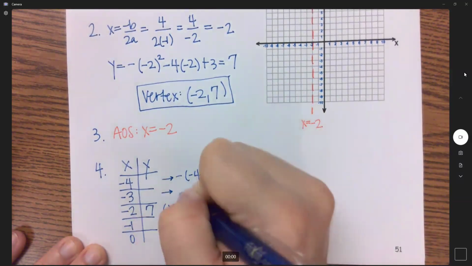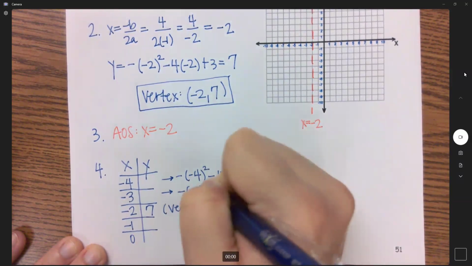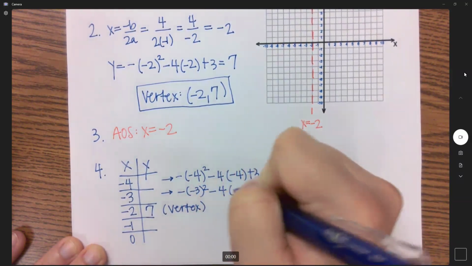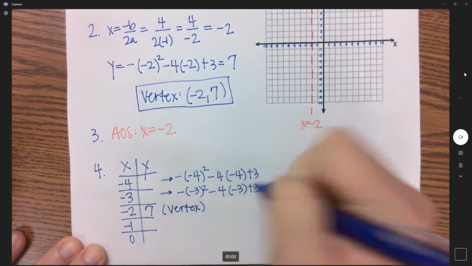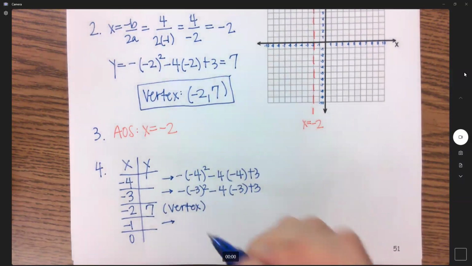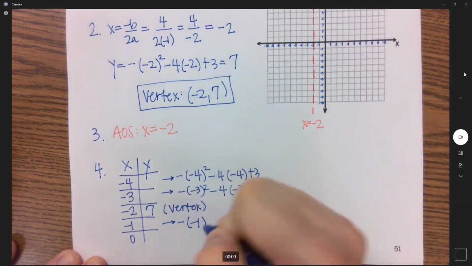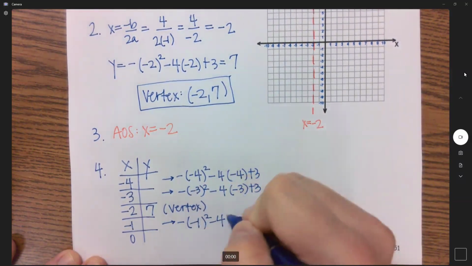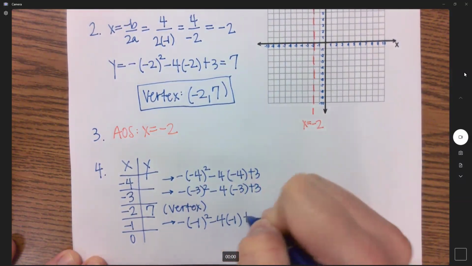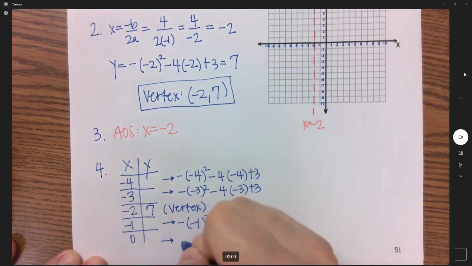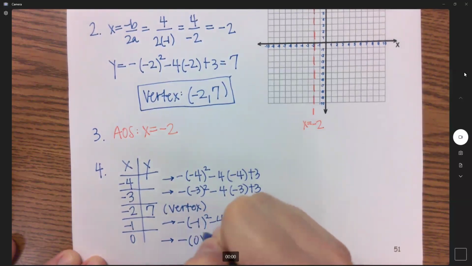Then we'll plug in a -3 for both of these x's. Plug in a -1. And plug in 0.